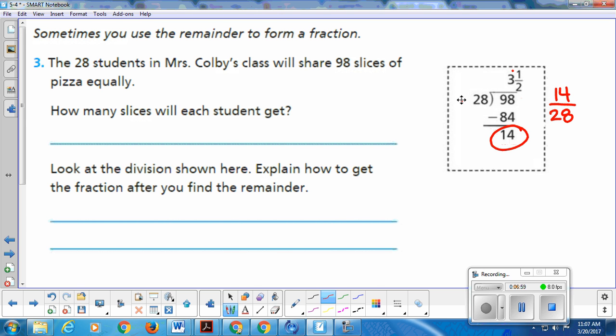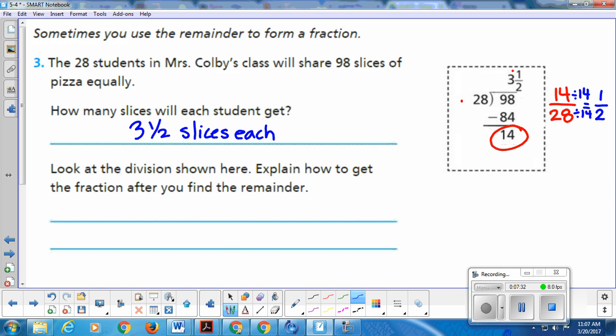Can you reduce 14 28ths? Yes, you can, Mrs. Crane. 14 divided by 14 is 1. 28 divided by 14 is 2. So each child will get 3 whole pieces, 3½ slices each.